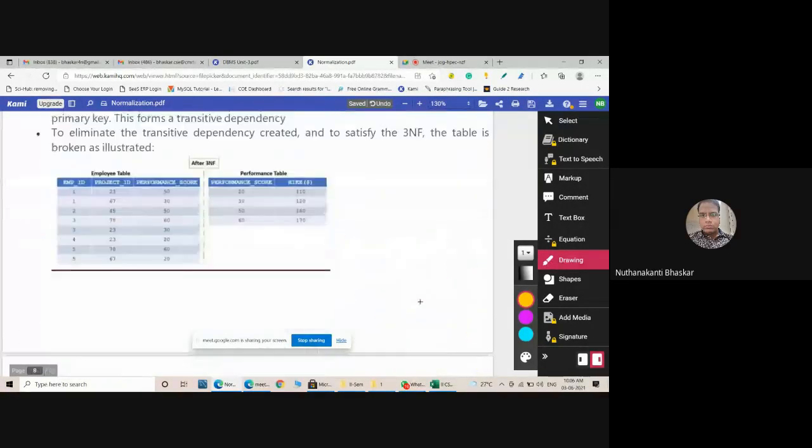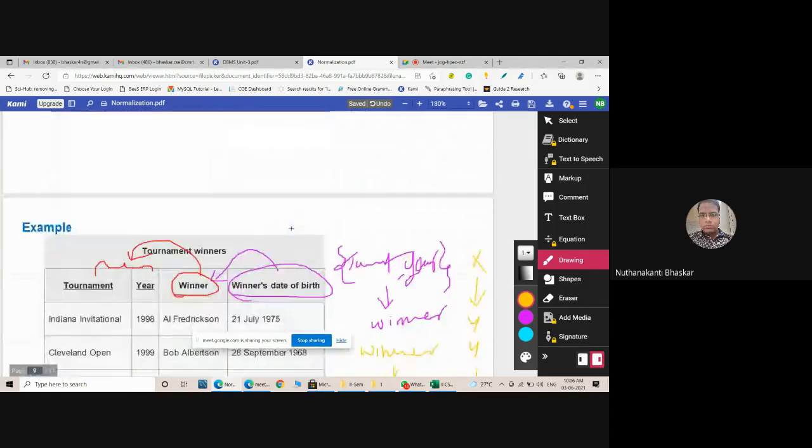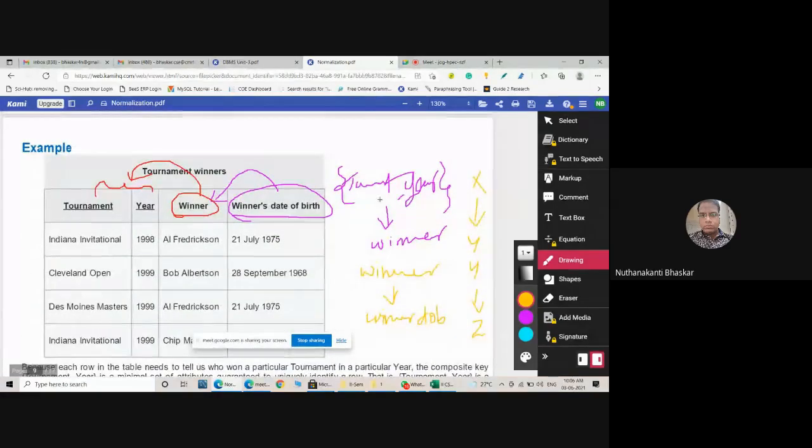Don't think, that's why here every example I am showing a different way. In the earlier example, ID, project ID, performance score and hike it is determining, and performance score is determining hike. Now left side only one attribute is there, but here, left side two attributes are there. Observe. Don't confuse the things. Now, tournament year directly we can write determines winner. Yes or no?